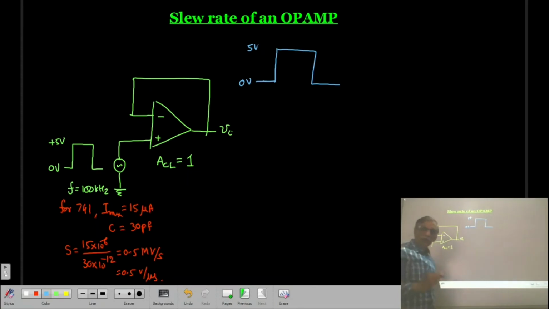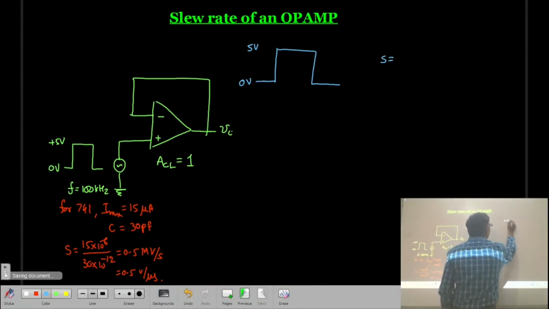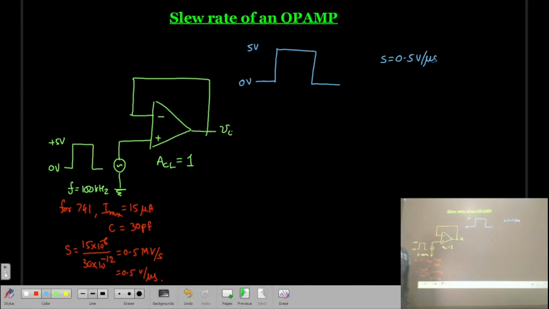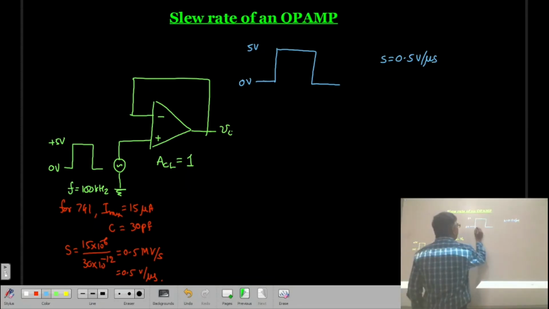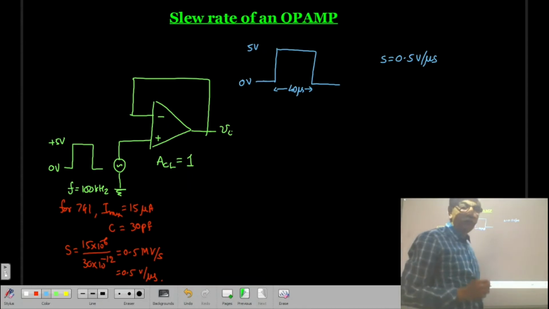Suppose I have an operational amplifier which has a slew rate of 0.5 volt per microsecond. Correct? Then we will consider, let us say, the width of this pulse is 40 microseconds. Correct? Now, what will be the output?